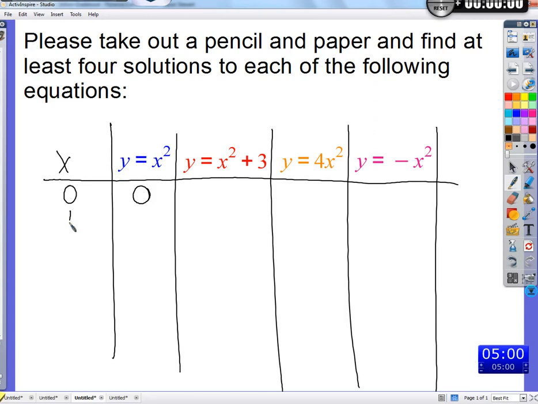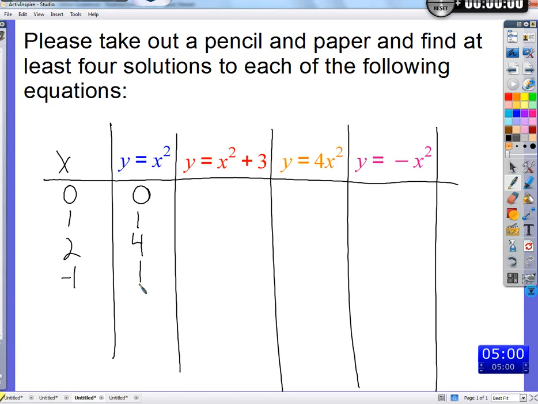Okay, another one? 1, 1. 1 goes in, 1 squared, 1 comes out. Another one? 2, 4. What if we let x be negative? -1 and still +1. Why didn't it come out negative? If you do -1 squared, it's -1 times -1, and that's positive. Are we going to get any negative outputs from x squared?